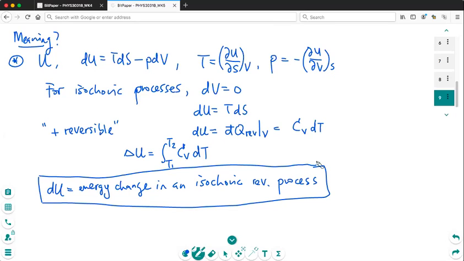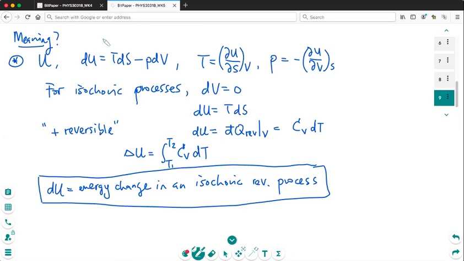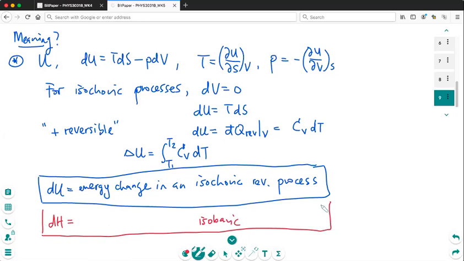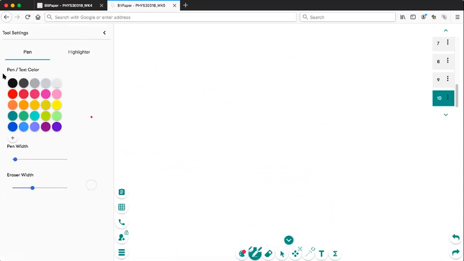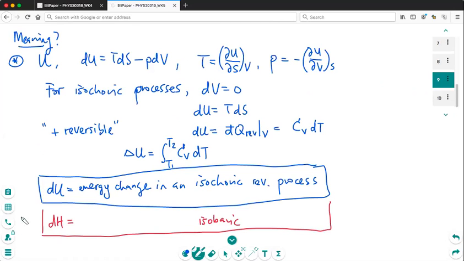Okay, so this is what you find in the textbooks. In Blundell and Blundell, in Atkins, you will find this statement. From here, I think you can immediately guess what is dH. For you, this should be fast. You just change isochoric to isobaric, and everything else you keep, and that will be dH, a change of enthalpy. So you will have this.